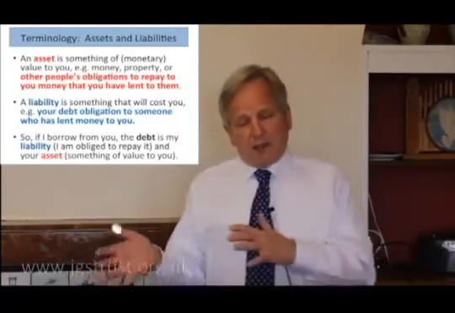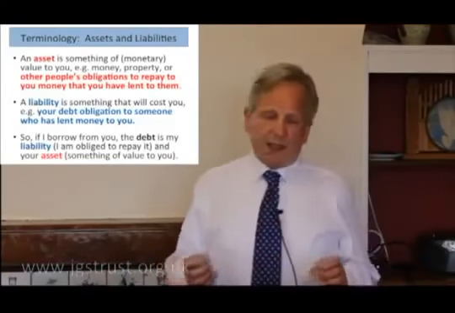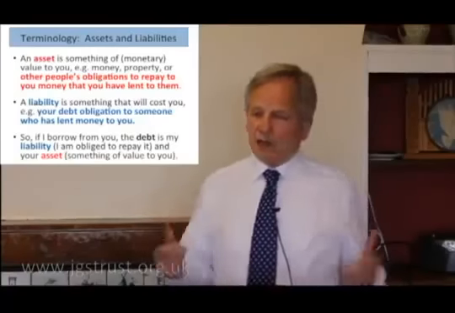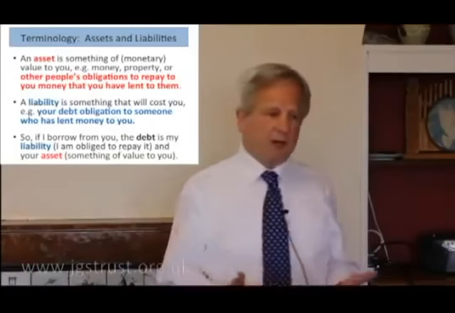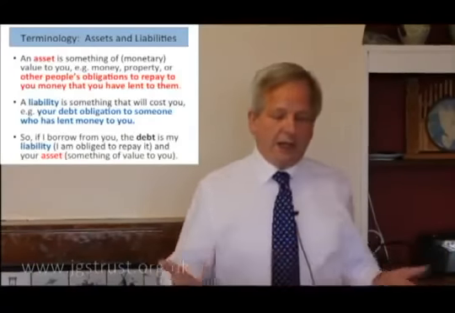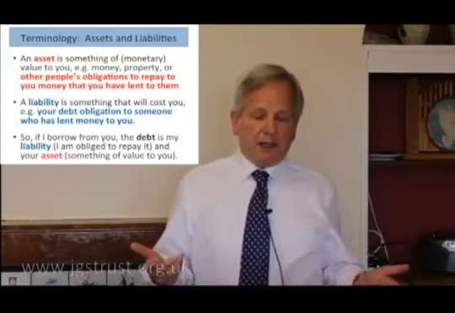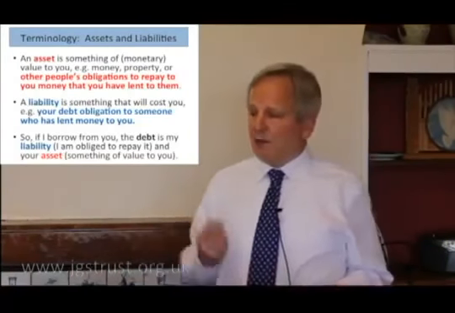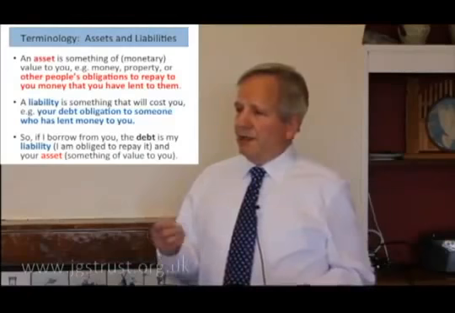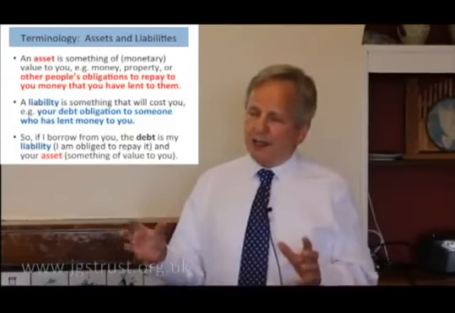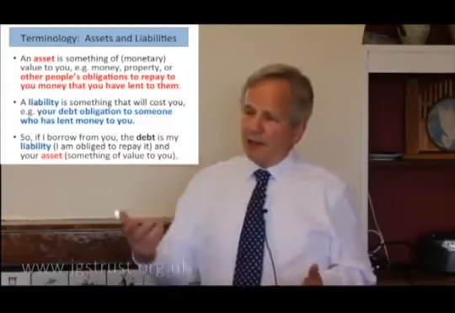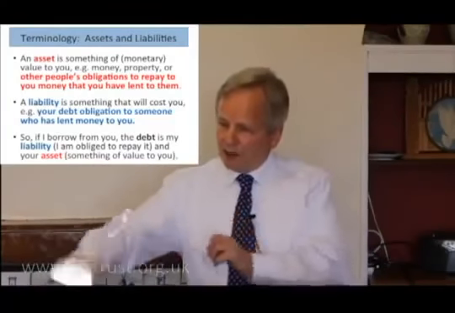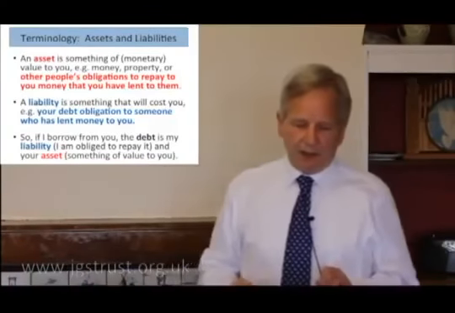Conversely, on the other side of that equation, there are liabilities, and that's something which is going to cost you. You have an obligation to somebody else, perhaps, to pay them money back at some time. So if I borrow money from you, there's a dual aspect to that debt. It's my liability because I owe you, and it's your asset because you have a claim on me in the future.